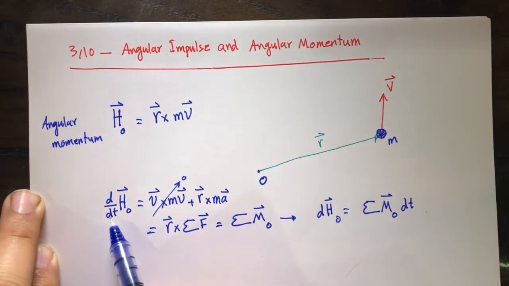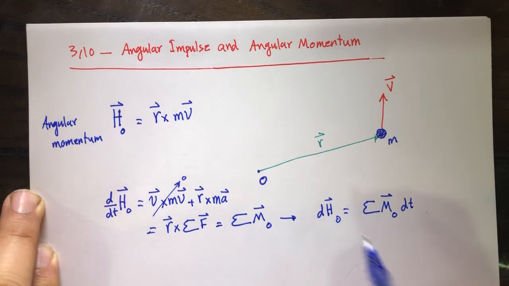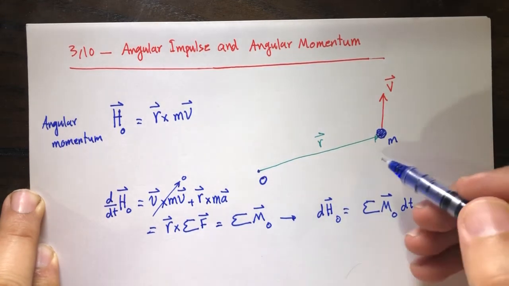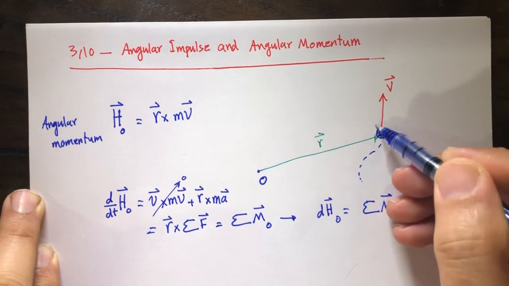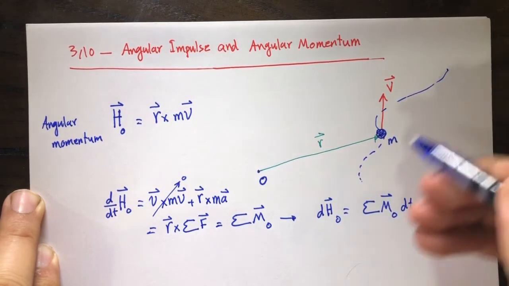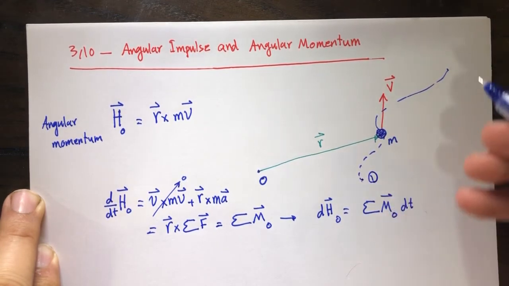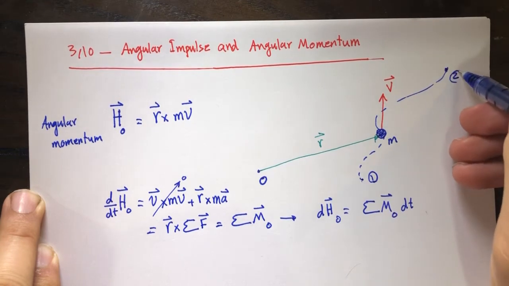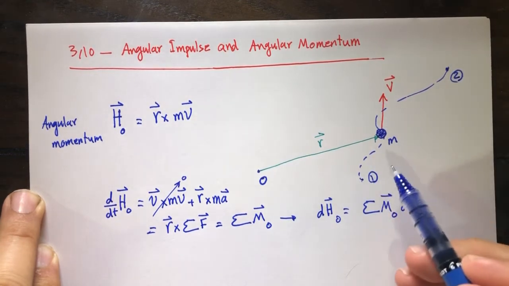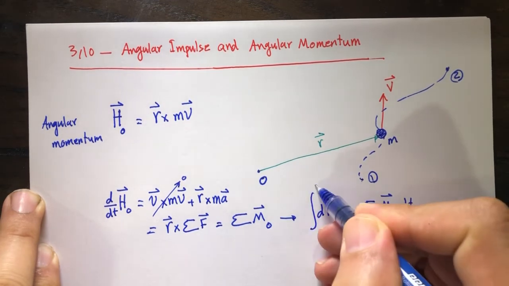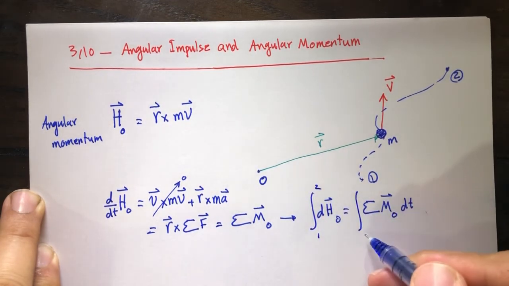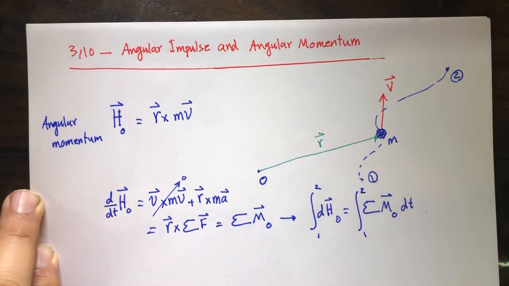What I did, I just multiplied dt to the other side. Now again, like the previous one, let's say this mass is moving from point 1, goes to another point, like point 2. So this is the starting point and this is the end point. And I'm going to integrate between these 2 points. So from 1 to 2, and integral of the other side from 1 to 2.